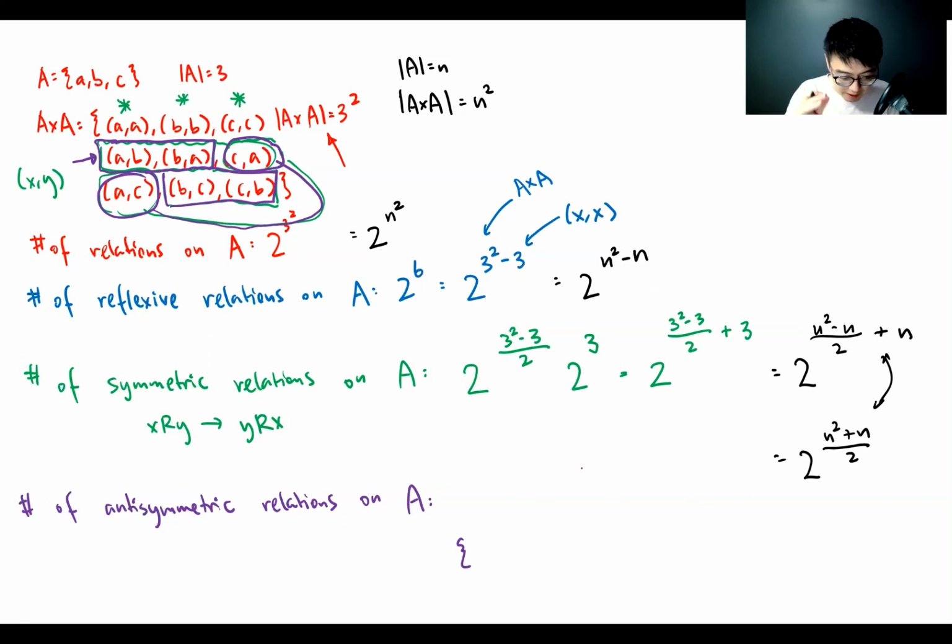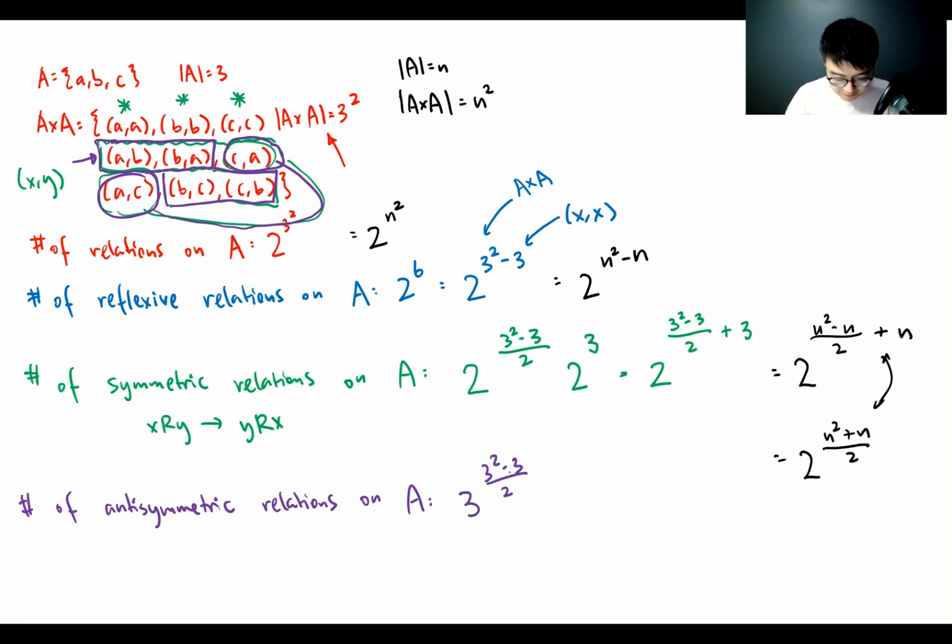For AB and BA there are 3 choices, for CA and AC there are 3 choices, and for BC and CB there are 3 choices. Again, take one of the pairs, take the other, or don't take any of them at all. So we would get the equation 3 to the power of (3 squared minus 3) over 2.